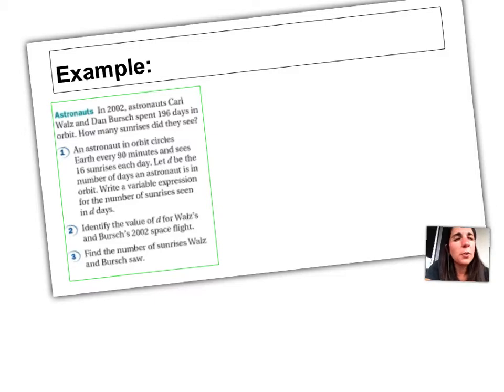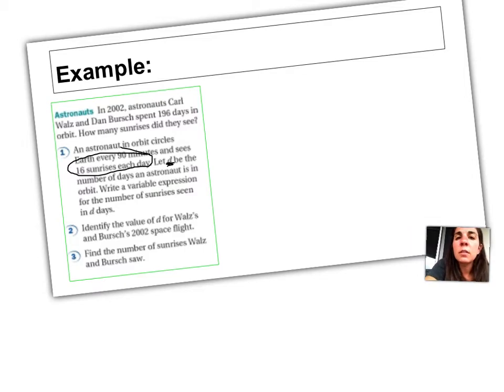Okay, so we almost have to let go of that 196 part, the part where it said 196 days at the beginning, because we're going to build up to that answer. So they see 16 sunrises each day, and D is the number of days in orbit.